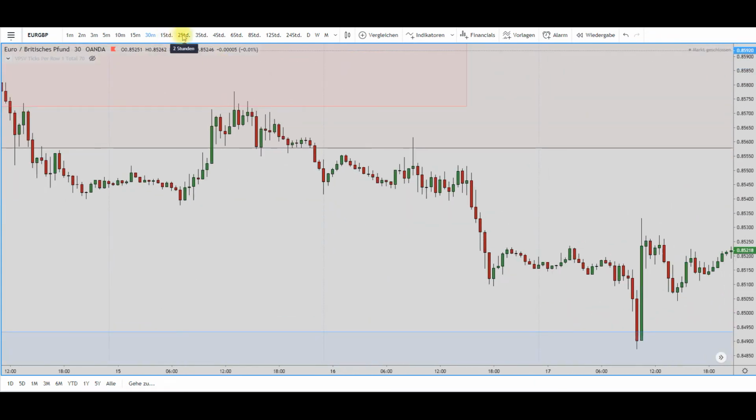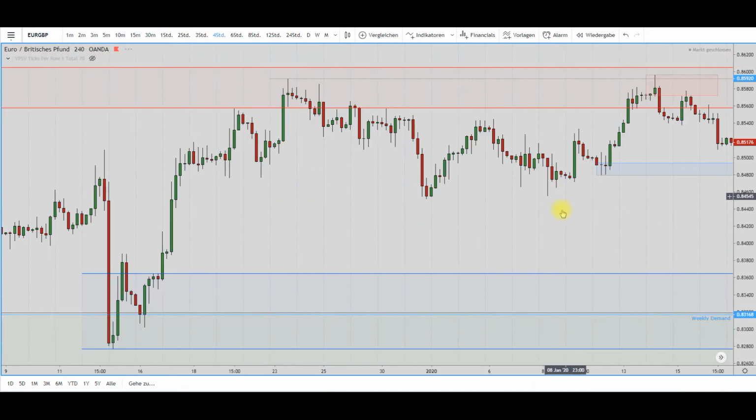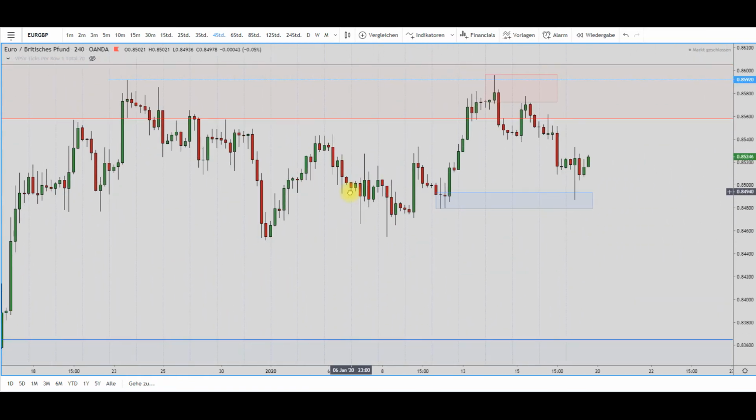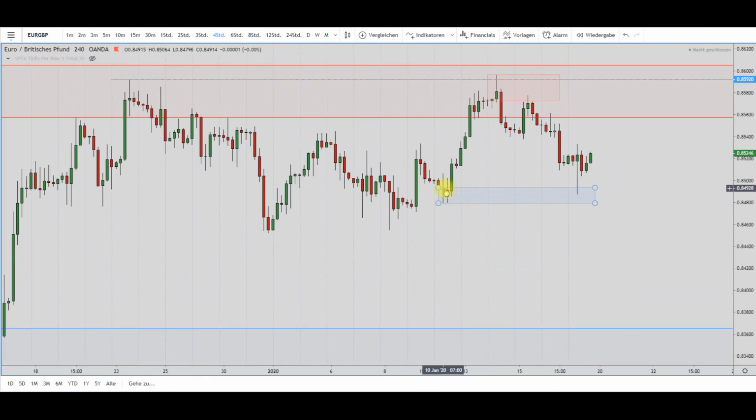Anyway, the expectation was that we would probably hit this zone of demand, and that's actually what happened. So it was still a 3-to-1 trade, which was quite nice.